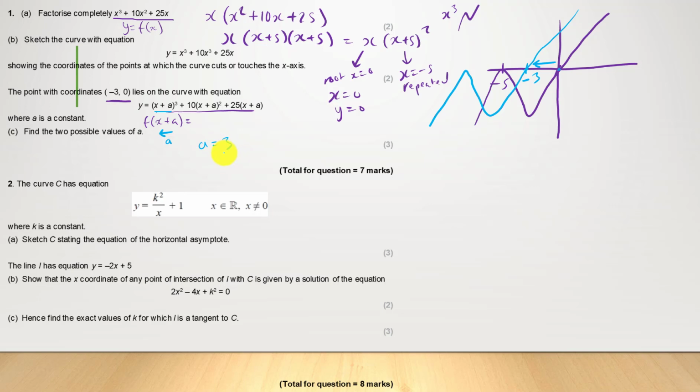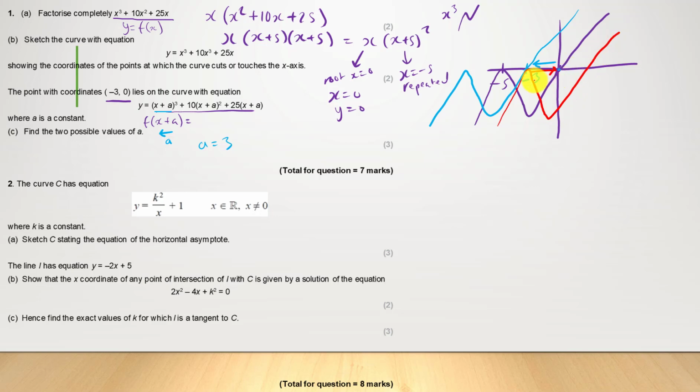Now, what can we think? What if, actually, that's going this way, as in this graph is actually now like this.